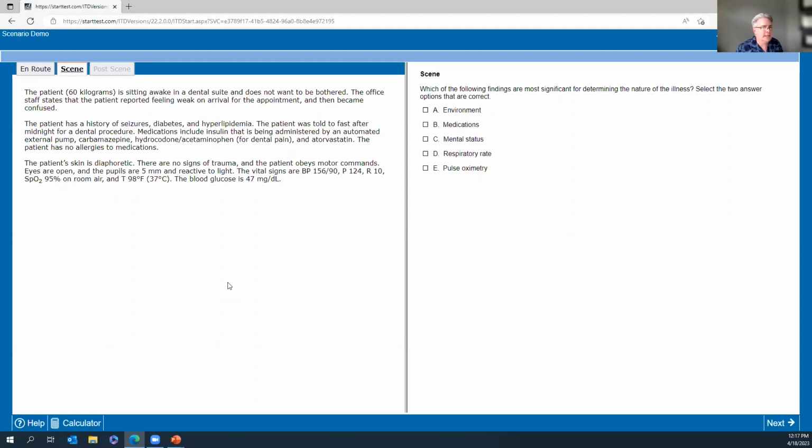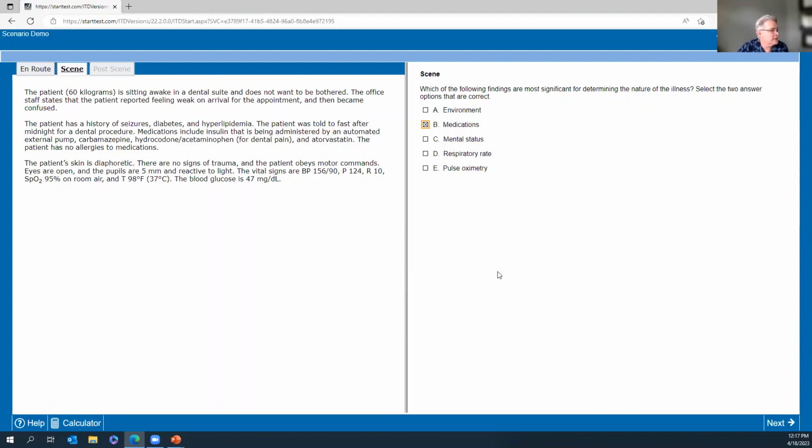So the question is a multiple response. It has 2 correct answers. It asks, which of the following findings are most significant for determining the nature of illness? And so I think what is really important here is the fact that this patient is taking medications. They're on an insulin pump.